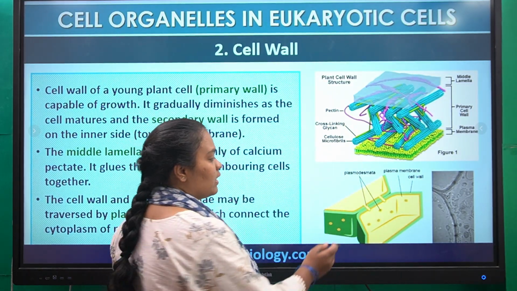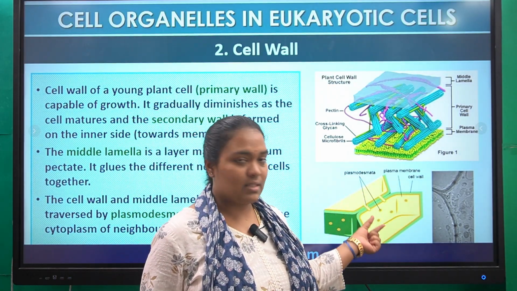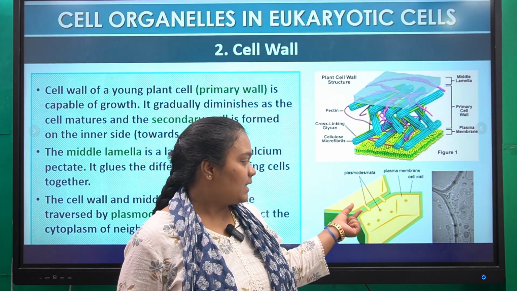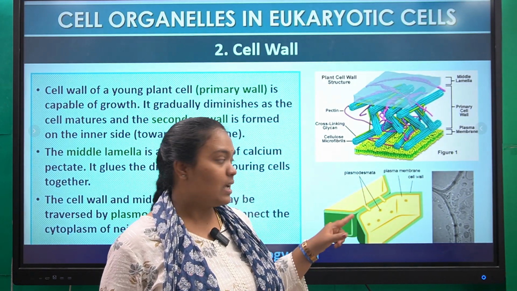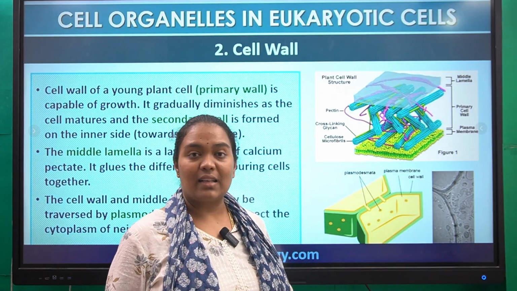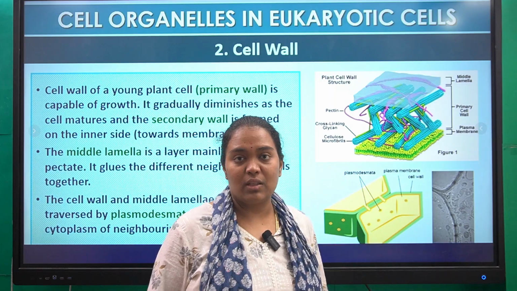You can observe this yellowish structure extending from one cell to the other cell. That is nothing but plasmodesmata. These extensions interconnect two cells, help in the transportation of a few materials, and act as a junction between these two cells.